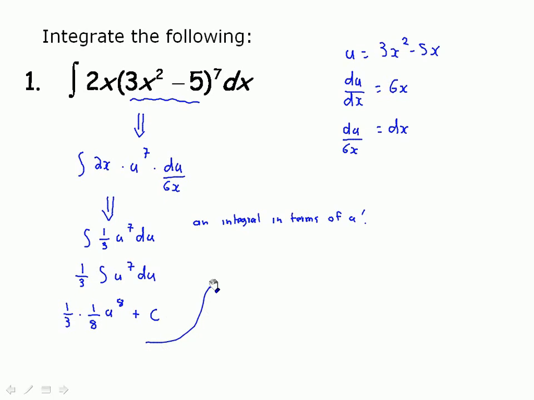And then now, 1/3 times 1 over 8 is 1 over 24 times 3x squared minus 5, to the exponent of 8 plus c.